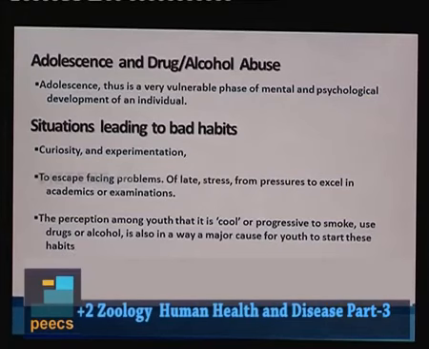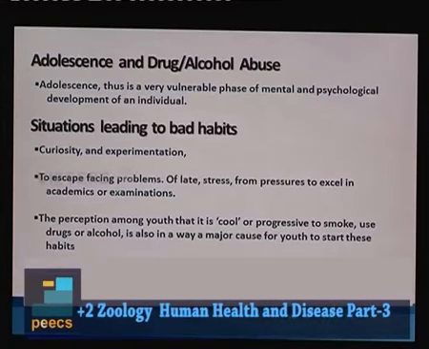Adolescence has a link with drug abuse and alcohol abuse. What is adolescence? Adolescence is a bridge between childhood and adulthood. Between 12 to 18 years of age we consider as adolescence, and during this phase we say that it is a vulnerable phase of physical, mental and psychological development of an individual.